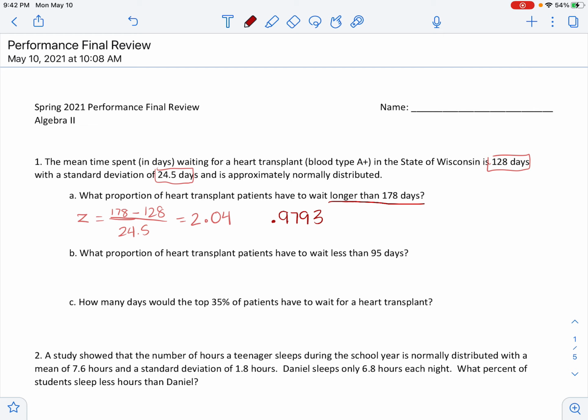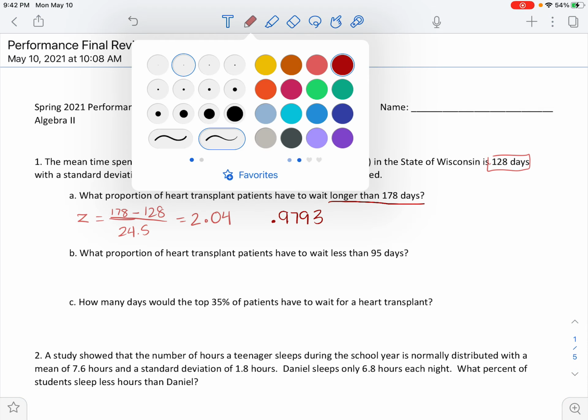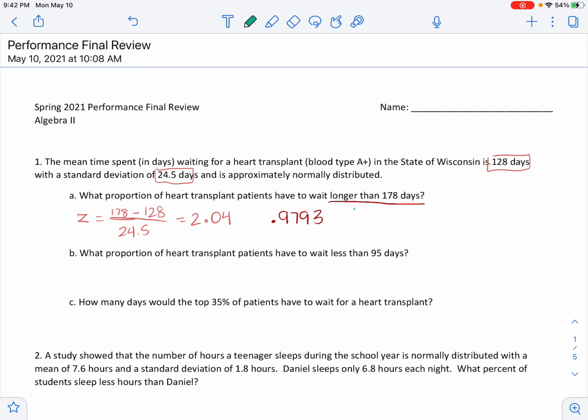So anytime you want a probability greater than, you are going to have an extra step. So because this one is greater, we have this extra step where we have to do 1 minus the probability we found from the table. So 1 minus 0.9793. And we get that the probability is 0.0207.